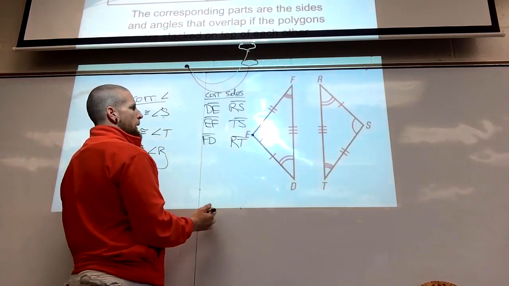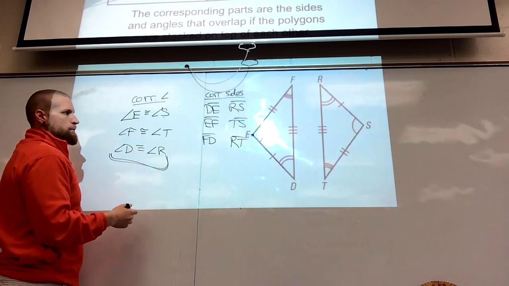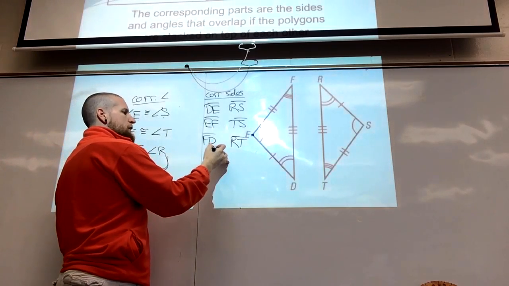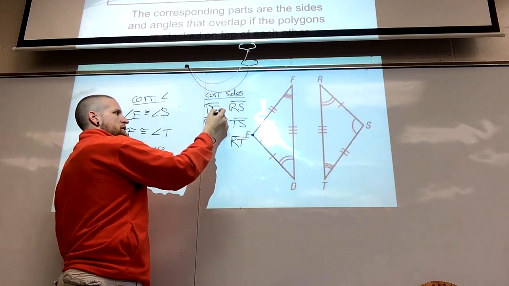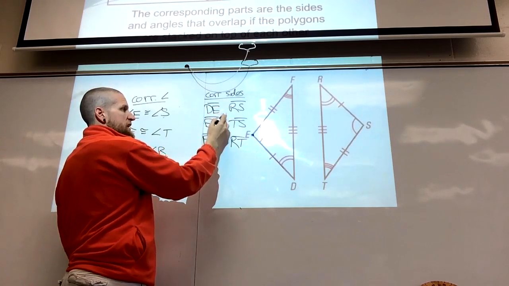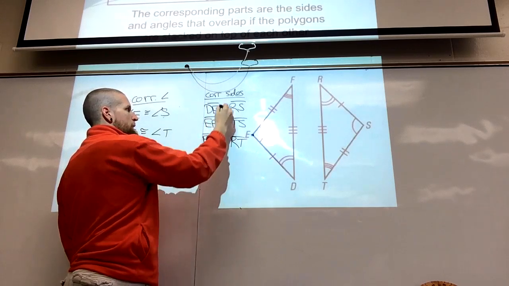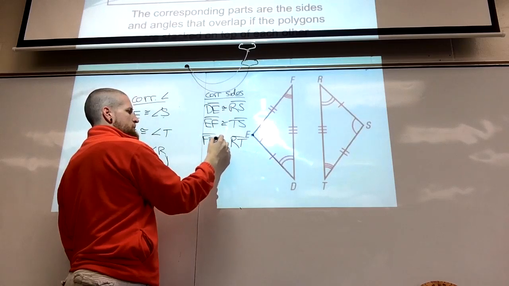All right. So once I have all of these being congruent, I say, all right, I'm good here. I'm going to go on. I move to here and I do the same kind of thing. I look at these two segments and go, are these two segments marked congruent to each other? Are DE and RS marked congruent? Yeah. Are these congruent? Yeah. Are these? Yes.